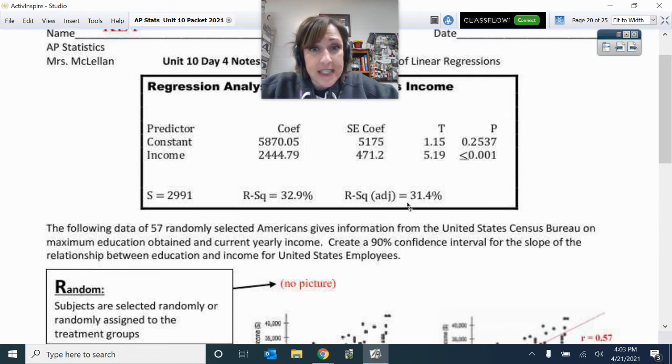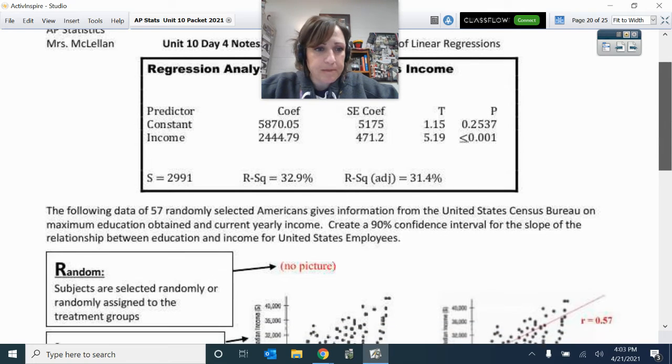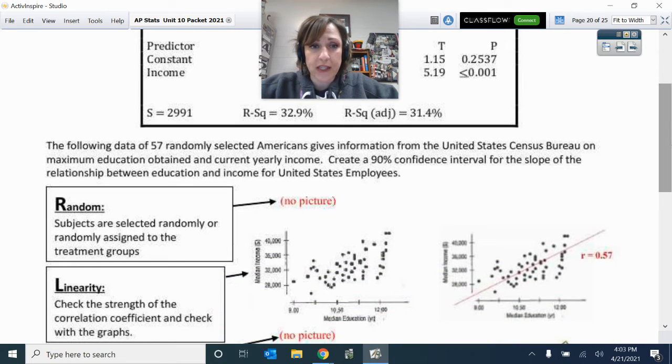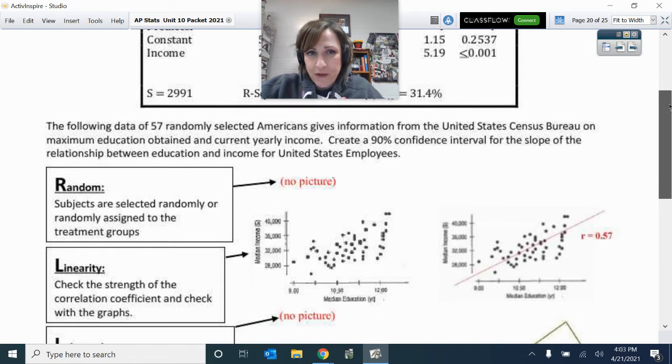We actually don't use these numbers when we're having our discussion, except for the correlation coefficient. Okay, 57 pieces of data. Is education a good predictor of income? So the conditions that we check are randomness, and we do have independence, but then we have a few other ones.